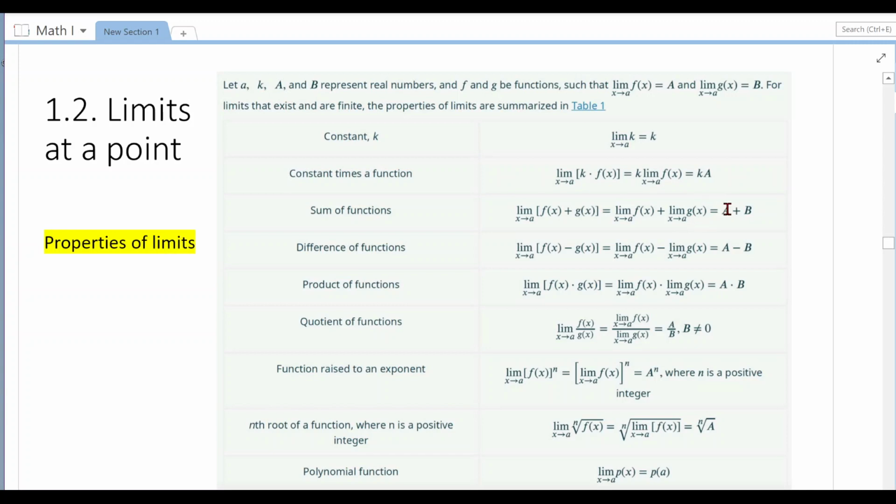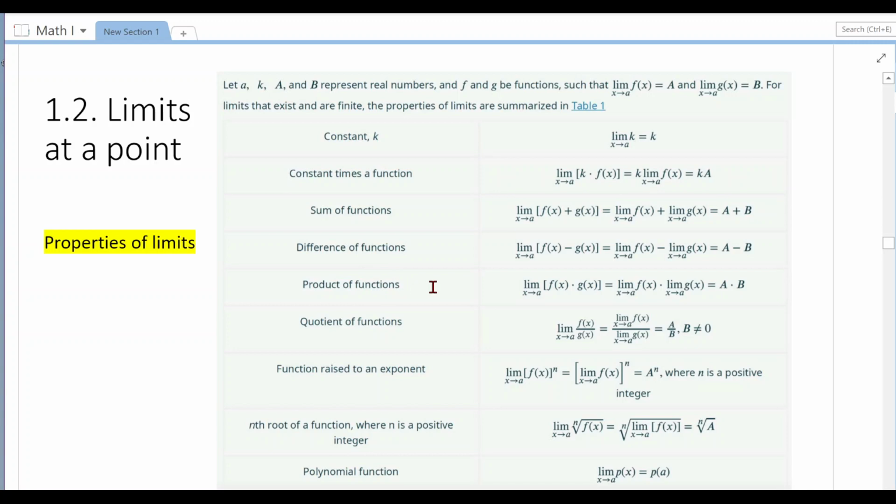So it equals the value of a for f of x and equals the value of b for g of x. Similarly, for the difference of functions, we just take the difference between the limit values of those functions f and g, therefore a minus b.